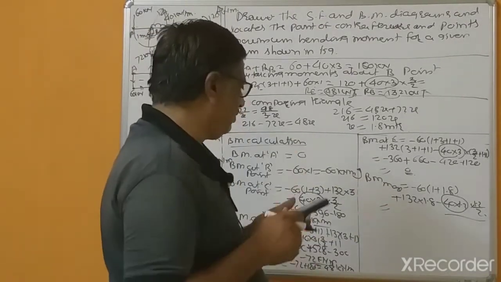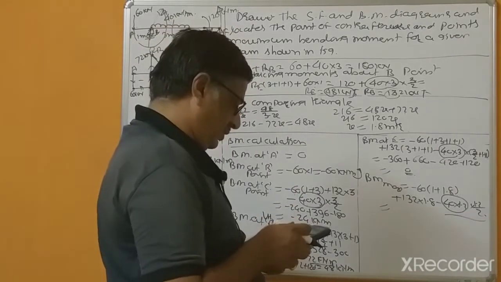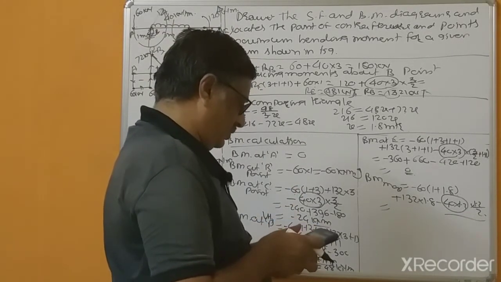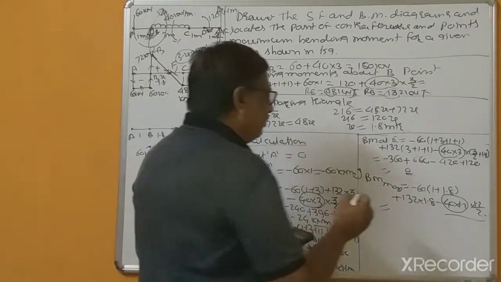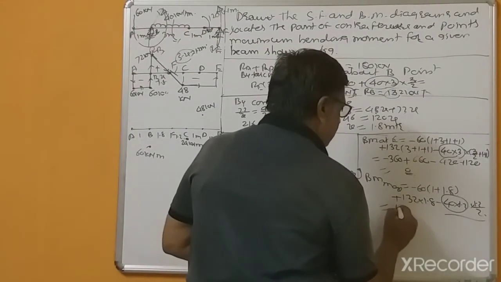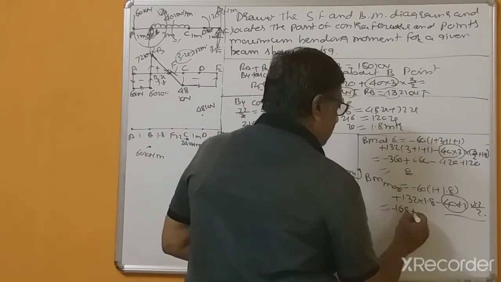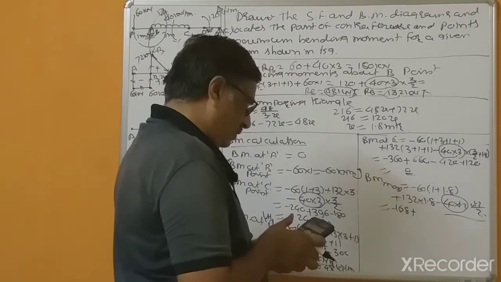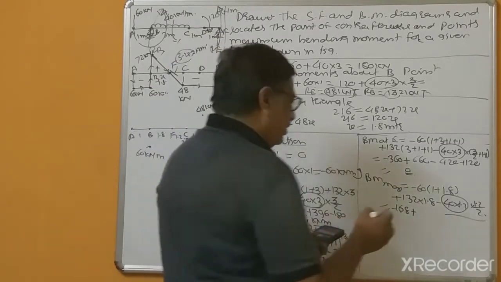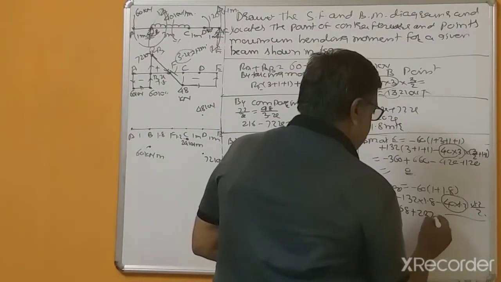So this is without moment. 60 into 2.8 minus 168 plus 132 into 1.8, 237.6.